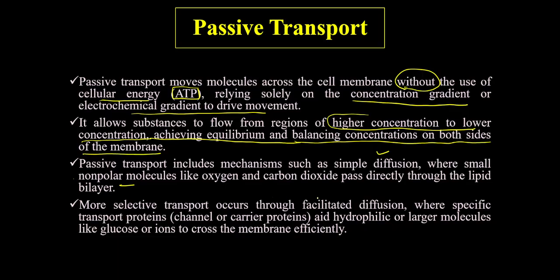More selective transport occurs in facilitated diffusion. Facilitated means we require a carrier for the transfer of molecules from the extracellular matrix to the cytoplasm, or from the cytoplasm to the extracellular matrix, where specific transport proteins are required as carrier molecules. These can be channel proteins or carrier proteins, which move hydrophilic or larger polar molecules.